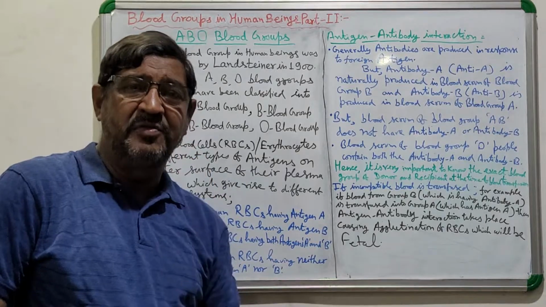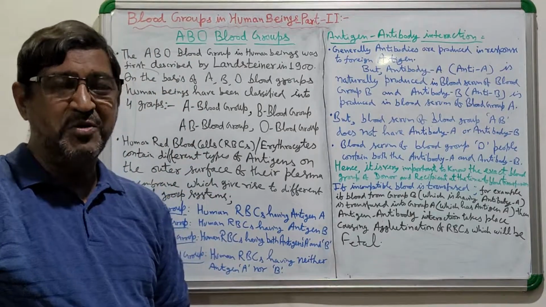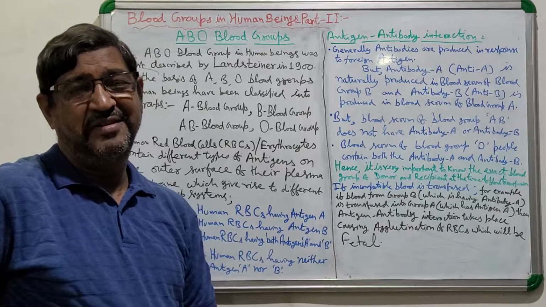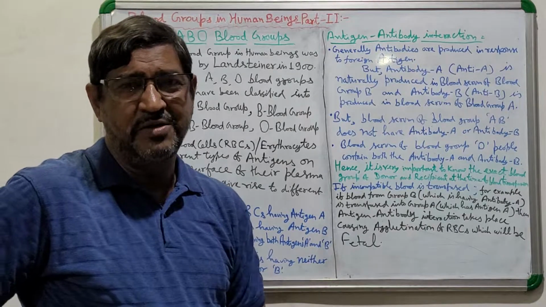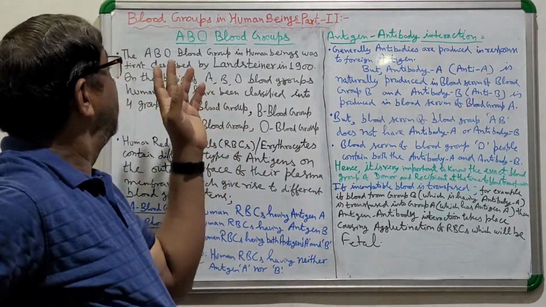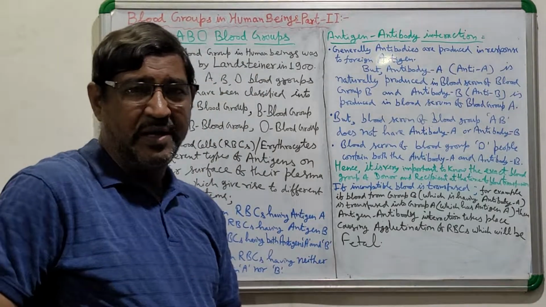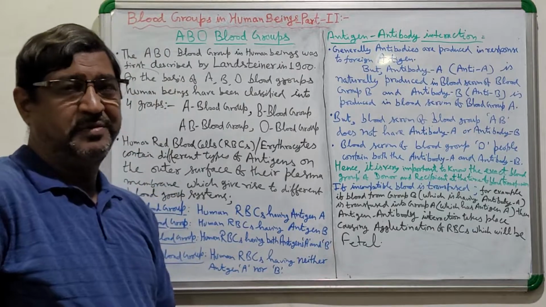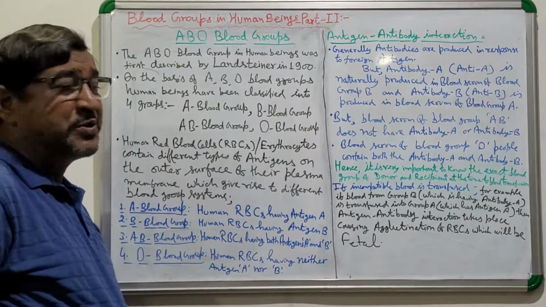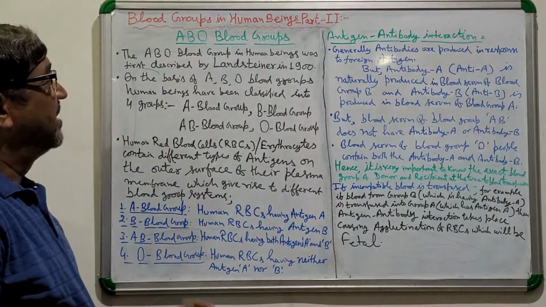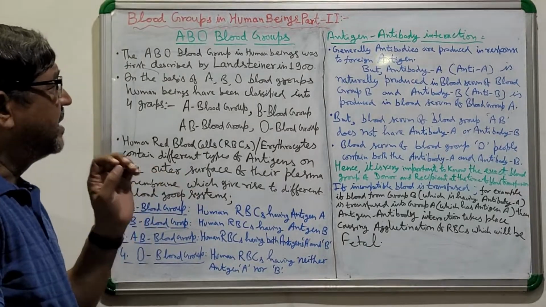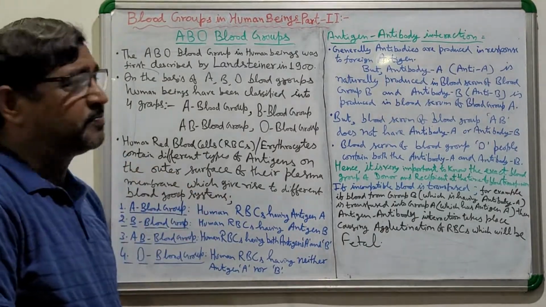These days I'm dealing with a particular topic, that is blood groups in human beings. Now I'll be dealing with part 2. In part 2, I'll be dealing with ABO blood groups.